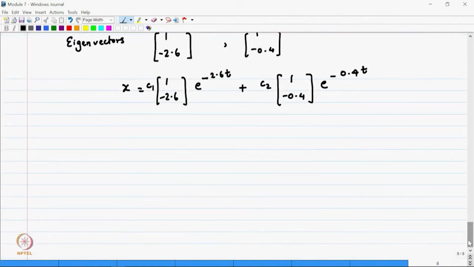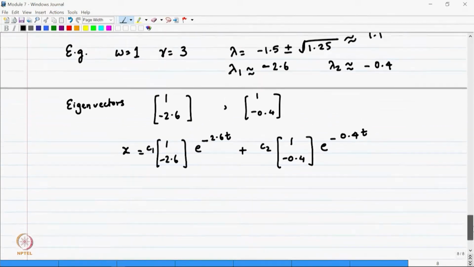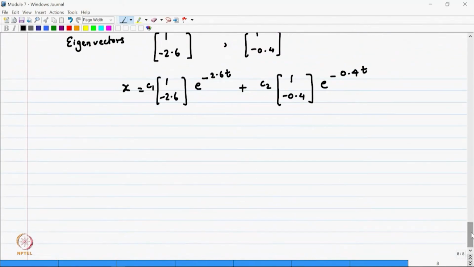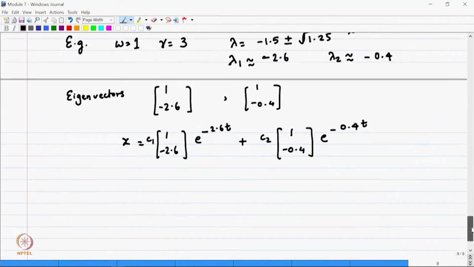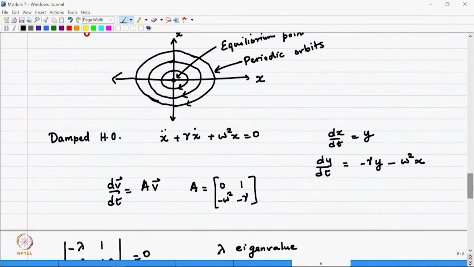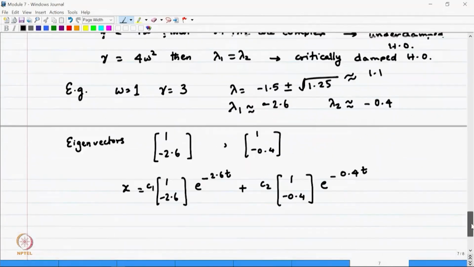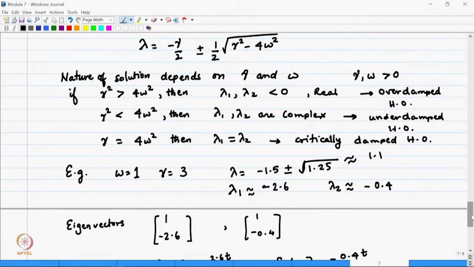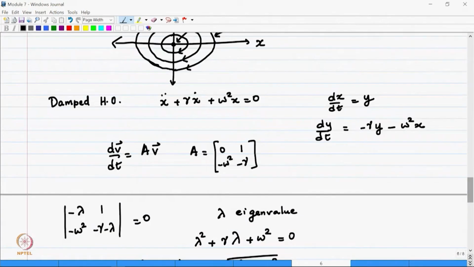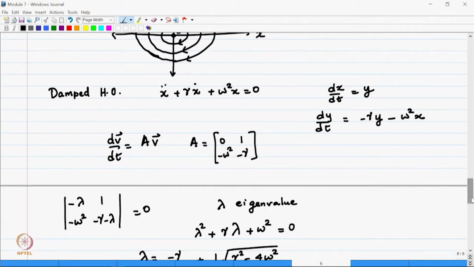Now, we can just look at the phase portrait of this. Obviously, the solution depends on the values of C1 and C2, which are governed by the initial conditions. If we look at the phase portrait, you will come back to this expression for the damped harmonic oscillator: dx by dt equal to y, and dy by dt is given by this expression.